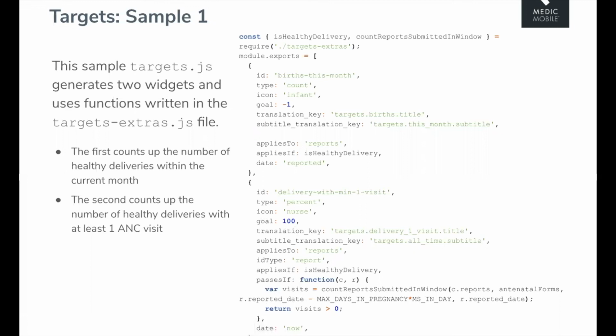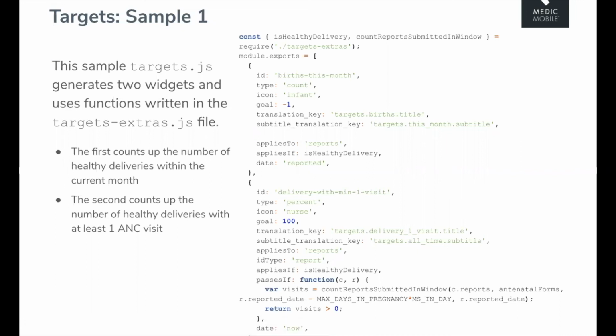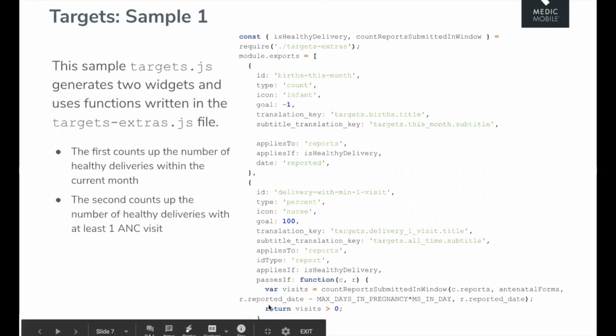And if it does, then only count up when that condition is met or when that evaluates to true. So here you're checking if the number of visits for each delivery form, or for each person delivered or baby delivered, the mother went for at least one visit, one or more visits. And date is over all time.